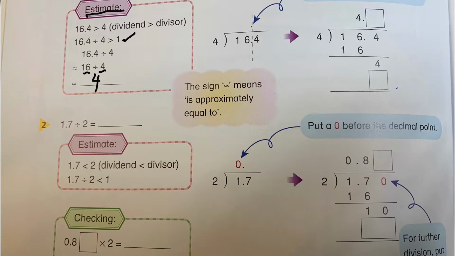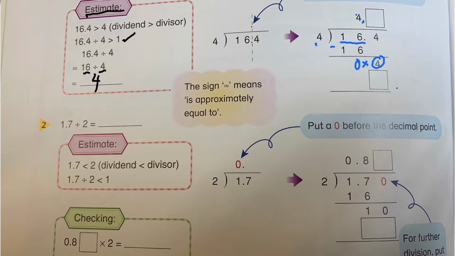But if we do this calculation to find the real answer, 16.4 divided by 4, inside the 16 there are 4, so we write 4, and 4 times 4 is 16. When we subtract, we get 0. We bring down the 4 here, but in 0.4 there is no 4, so I put the decimal point here, then bring down the 4.